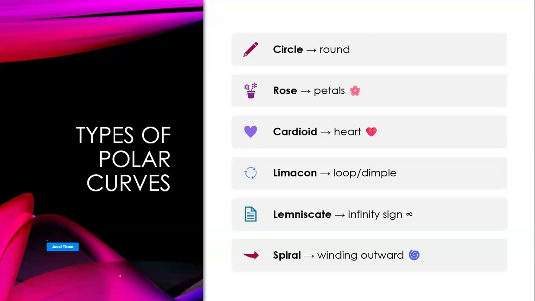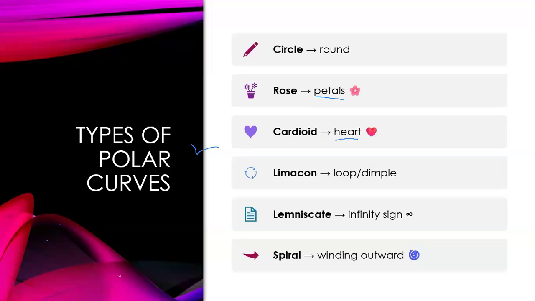Yeah, so now we're going to look at the types of polar curves. We have the circle, which is a round shape. We have the rose, which will have petals; it's basically like a flower. The cardioid, which is the heart shape, and the limaçon, where you'll have a loop or dimple.